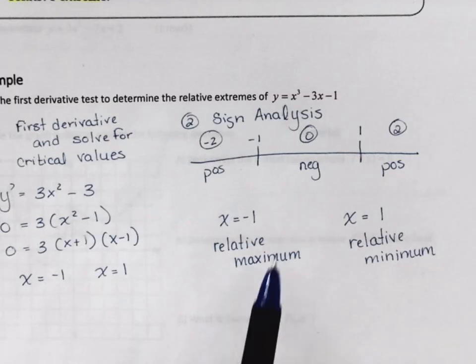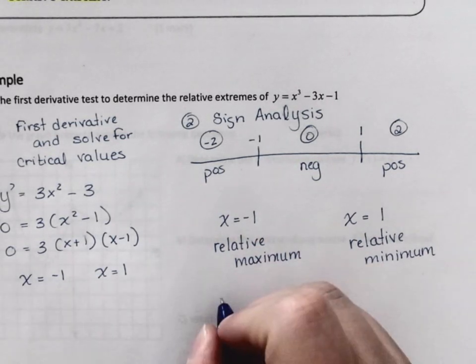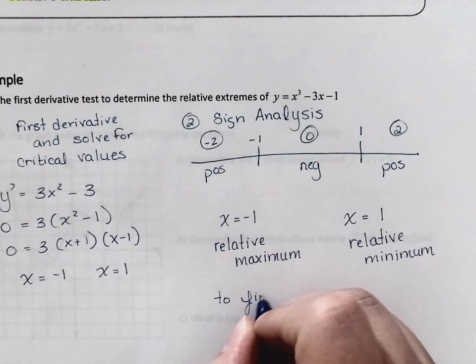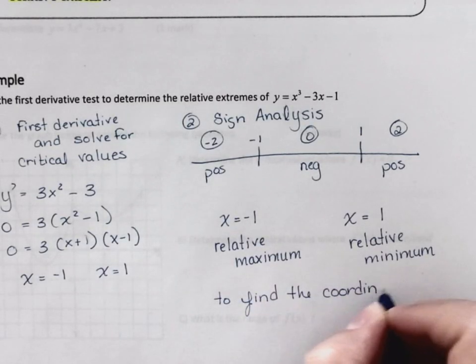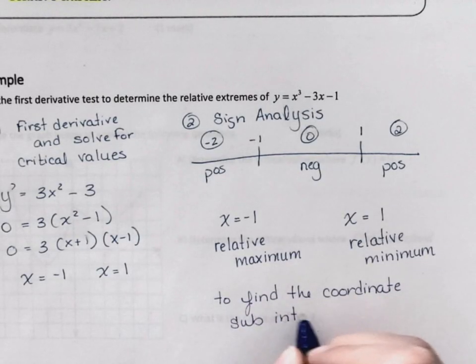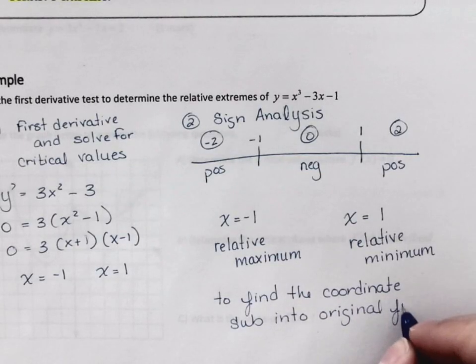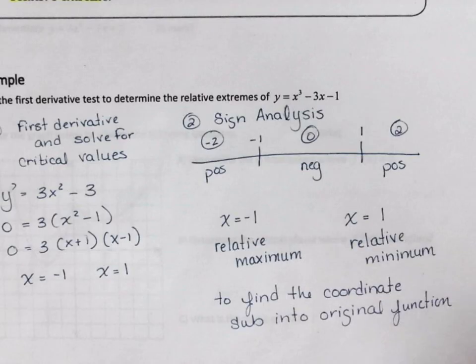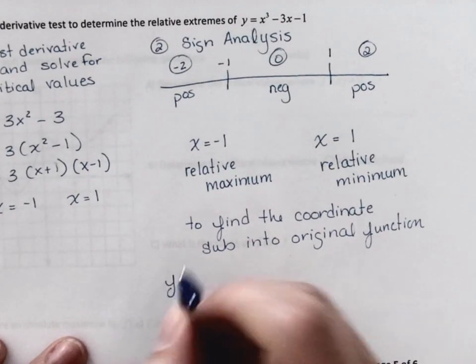Okay. Can you give these to me as coordinate pairs? How would we do that? Into the original function. So let's do that.